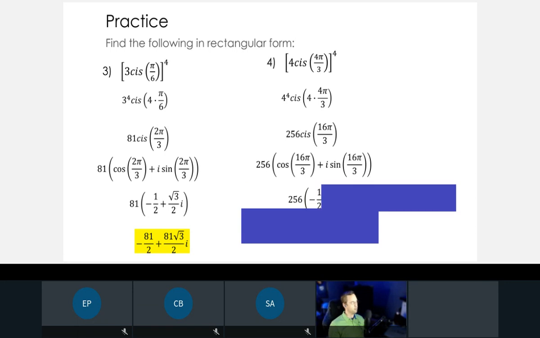Okay. So you actually can't type this in. I think if you type in sine, so when you type in sine of 16 pi over 3, what do you get? Okay, it does give it to you. Okay, so negative rad 3 over 2, and that's what I got as well.